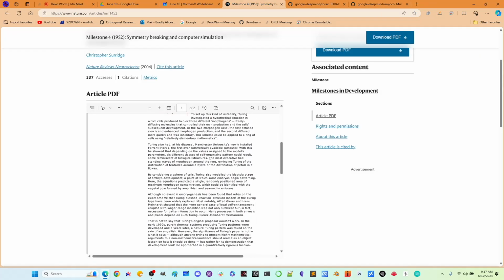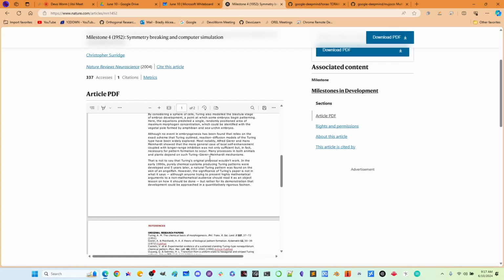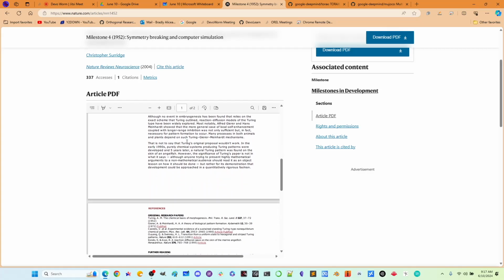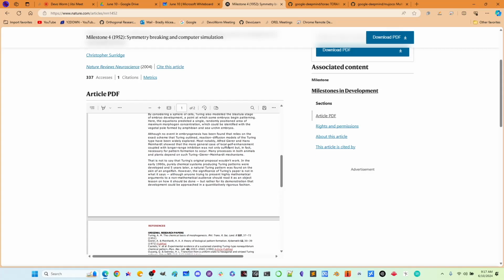So, yeah, then this follows this idea through, and then they basically say that is not to say Turing's original proposal wouldn't work. So this was where Turing did this work, and then there were people who built upon it in the area of reaction diffusion models. There are different cases of this now where we have different types of reaction diffusion models. People have refined the idea more, and there are different mechanisms that people proposed.